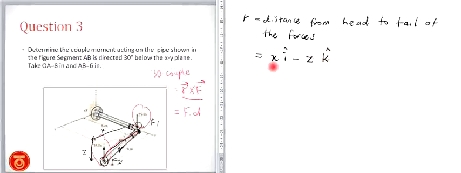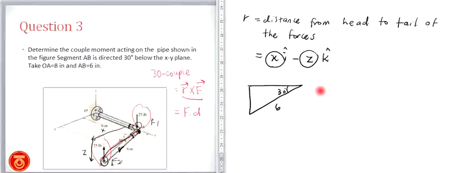So we need to get the value of x and z here. What the diagram gives is 30 degrees and the distance of this is 6.